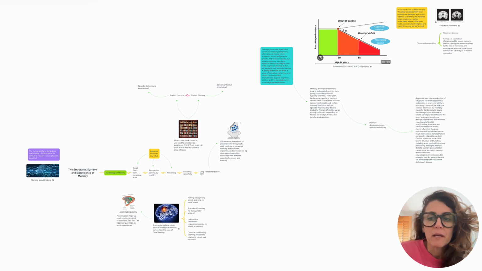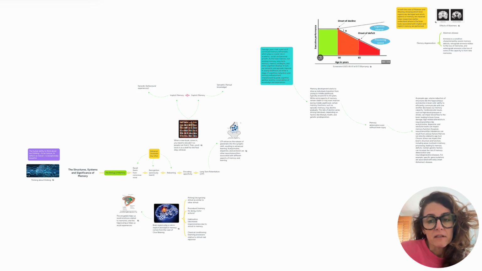This type of memory activation is connected with procedural memory, so long-term stored skills, priming, that's unconscious stimulus response, and habituation, which is diminishment of response through repetition. Then we have explicit memory, which is the internal recollection of facts and events. This is known as semantic, automatic processing, and episodic, acknowledgement of specific details.